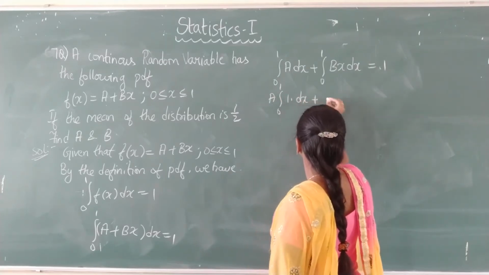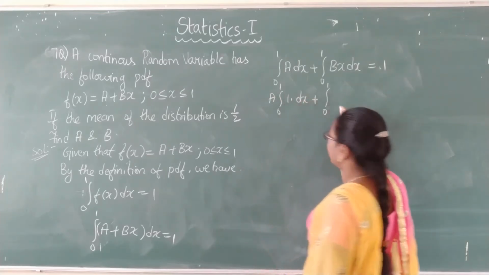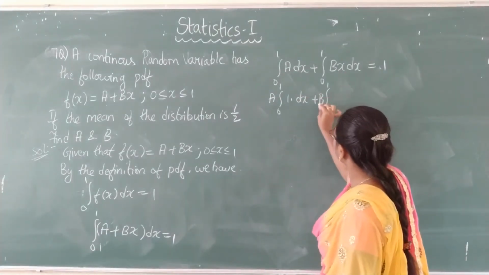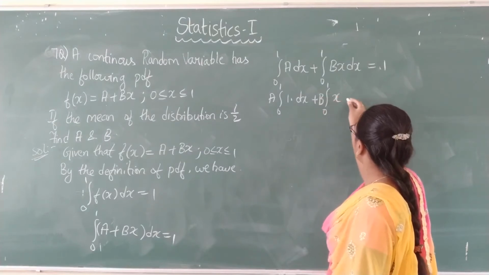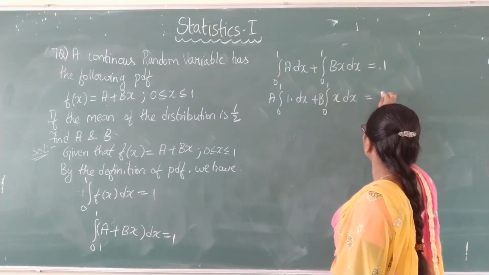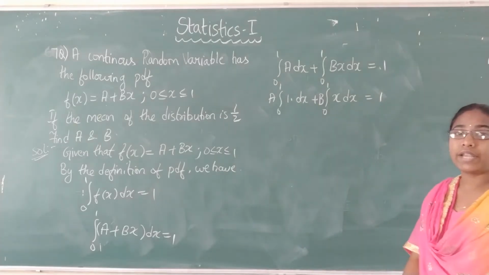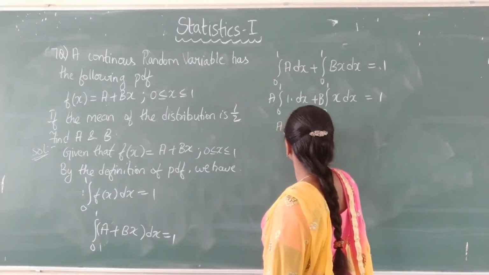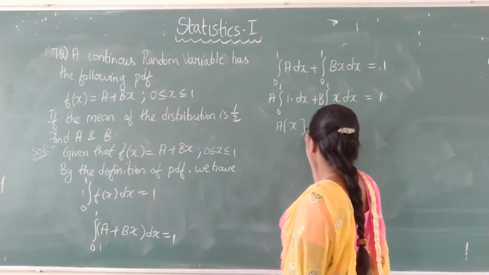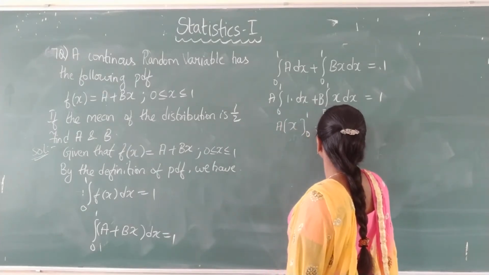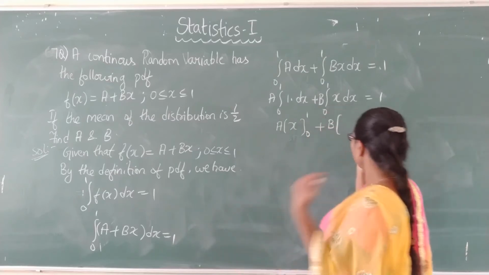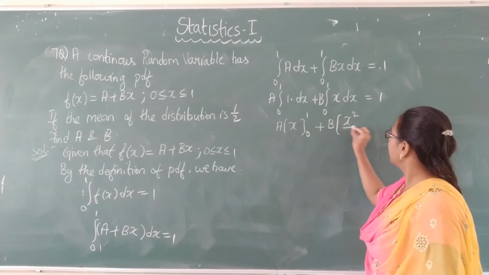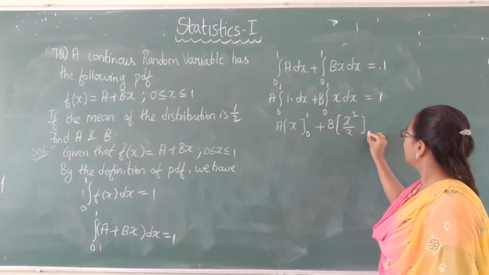What is the integration of 1? It will always be x. Here b is a constant, and the variable is x, times dx equals 1. Integration of 1 is x, right? So a into x within the limits 0 to 1, plus b into x square by 2 within the limits 0 to 1.